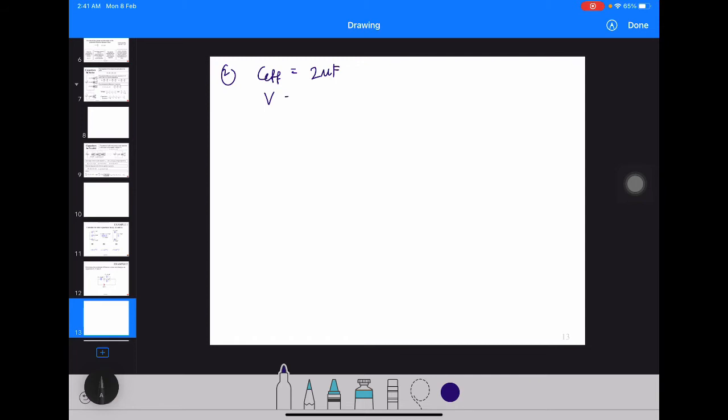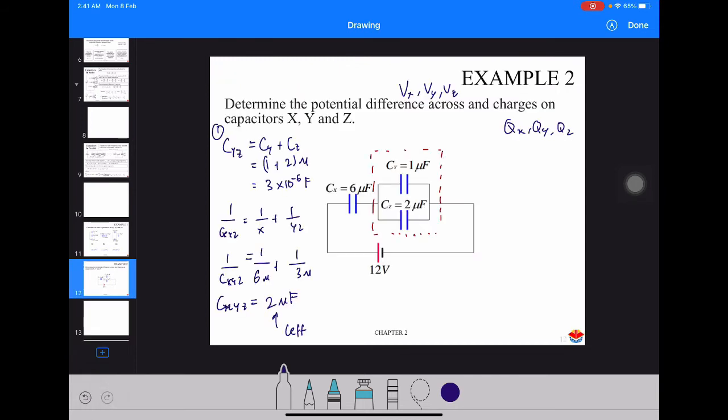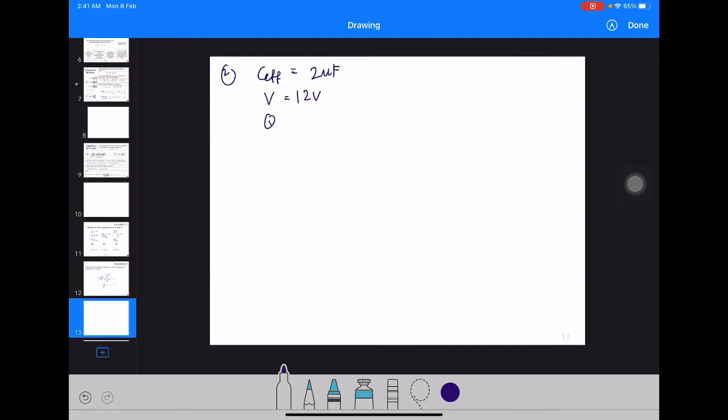If I have V equal to 12 volt, I can calculate my Q. So that is V terminal, then I can get Q total, using C equals Q over V. So my Q is actually CV. I just have to multiply, so I will get Q total is equal to 24 microcoulomb, times 10 to the negative 6 coulomb.